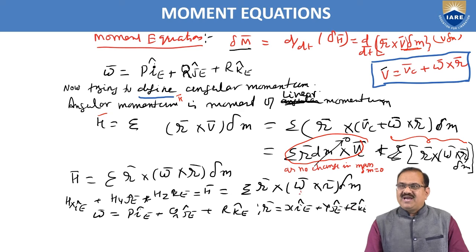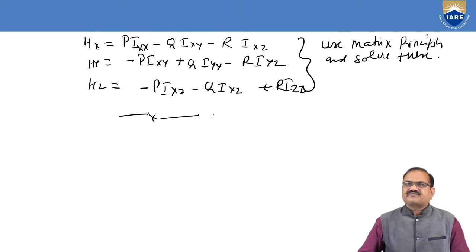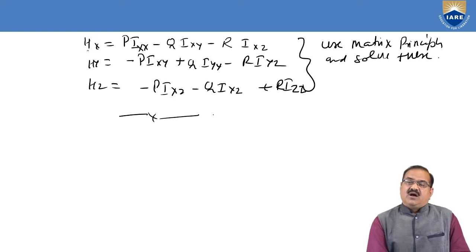So we got here omega, we got here r, all these parameters we have got, and if we put them in matrix form and do the multiplication, which is a simple case, then we will get hx. Hx is the angular momentum in x direction. It is p Ixx minus q Ixy minus r Ixz.